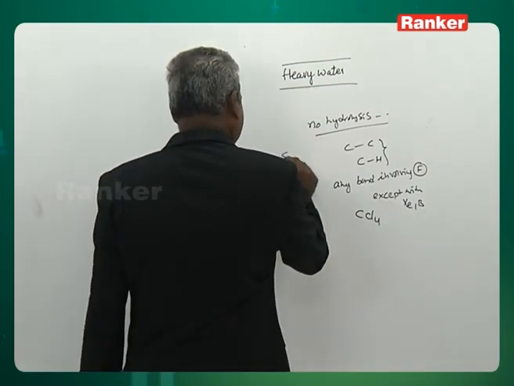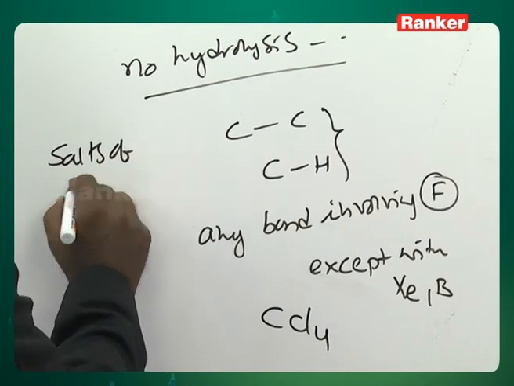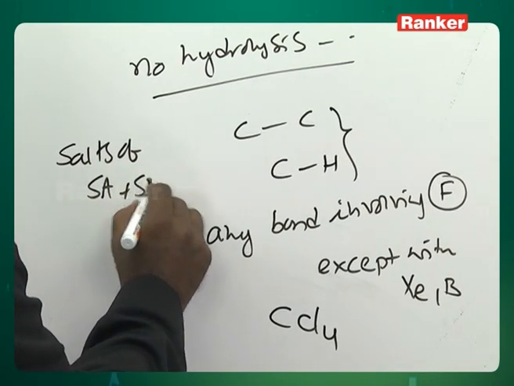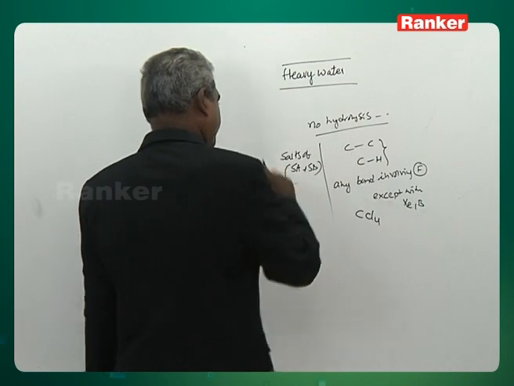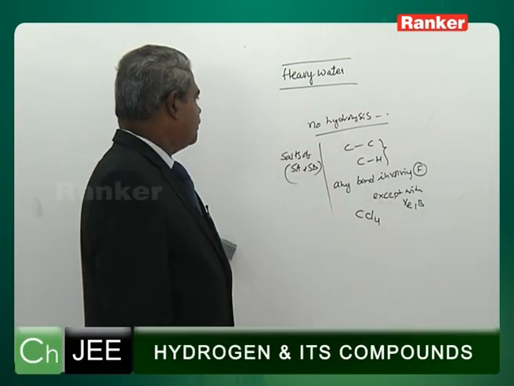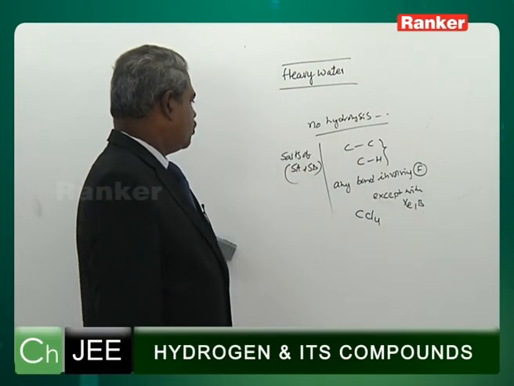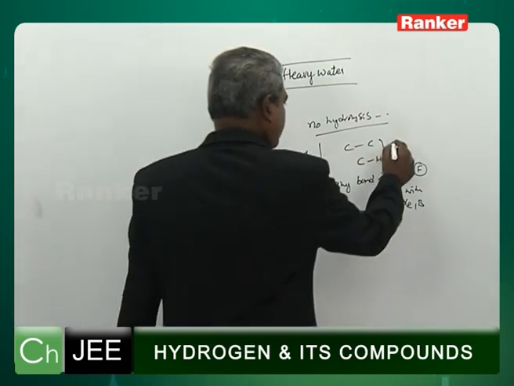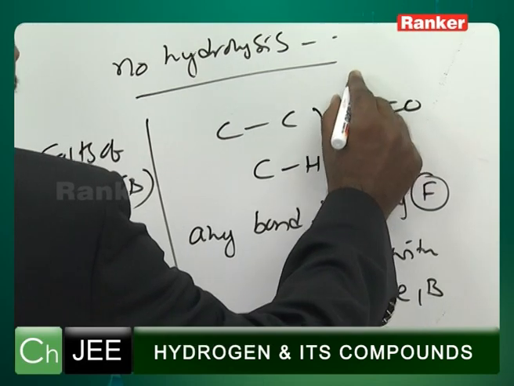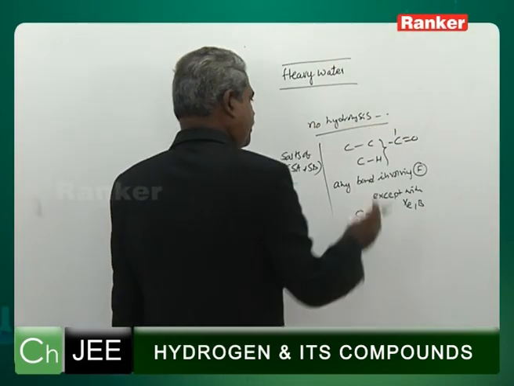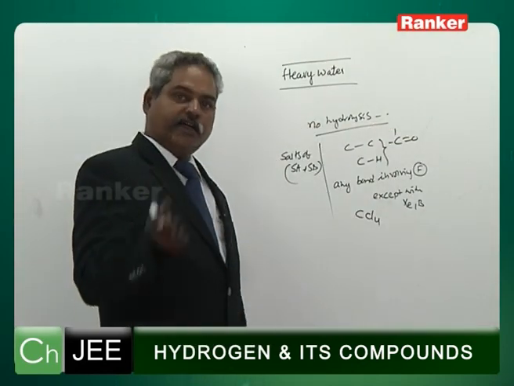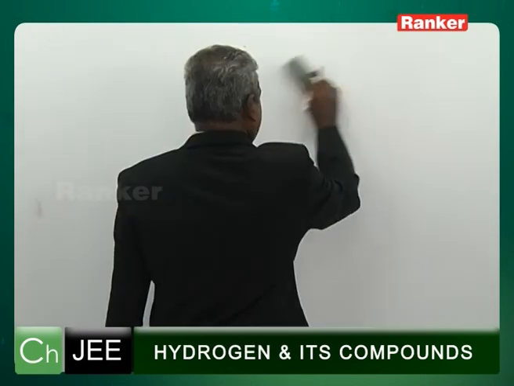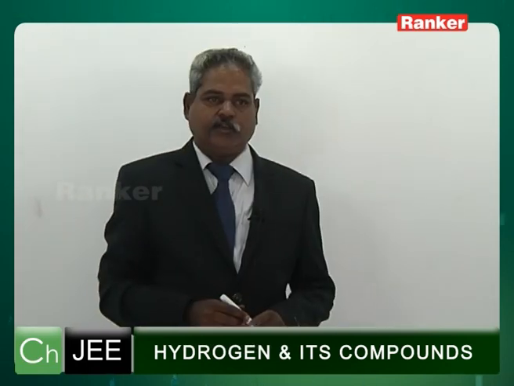Salts of strong acids and strong bases don't undergo hydrolysis. This is a different hydrolysis, salt hydrolysis, but there is no hydrolysis for salts of strong acids and strong bases. C double bond O, don't try to break it because you will once again get the same. Even if you break C double bond O, you will get C double bond O only. That is all about hydrogen and its compounds.